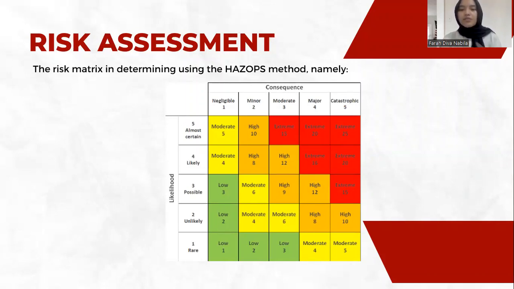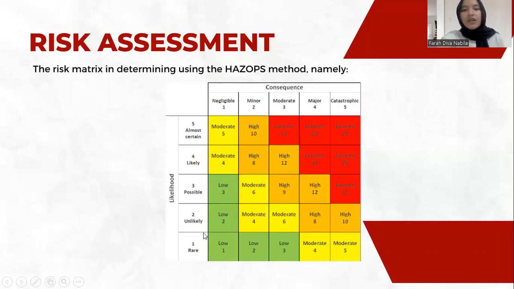Likelihood is the possibility that a risk will appear in a period of time, and the most frequently used probability calculation is frequency. And what is consequence? Consequence is the result of an event, which is usually expressed as a loss from a risk. Likelihood and consequence have several levels.